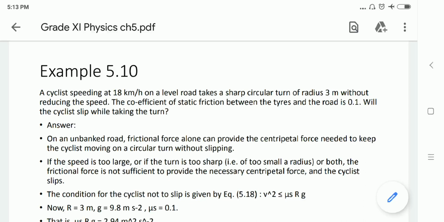So on the level road, friction force alone provides the centripetal force which is required to keep the cyclist moving while he is taking the turn without slipping.